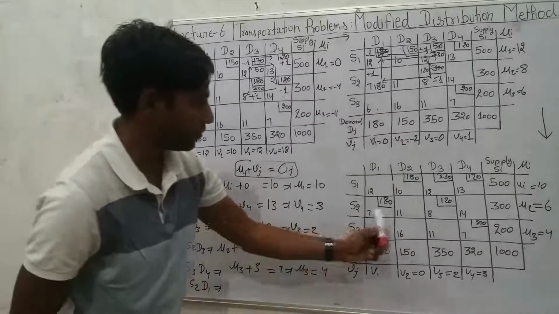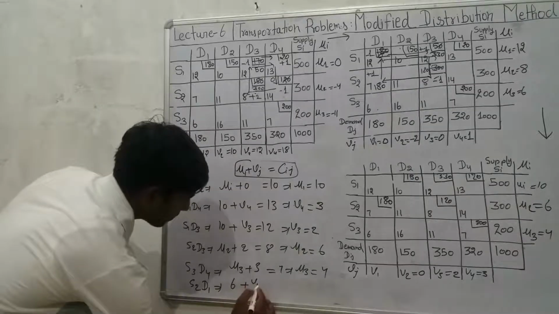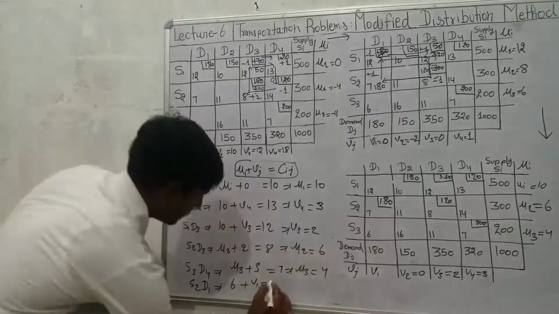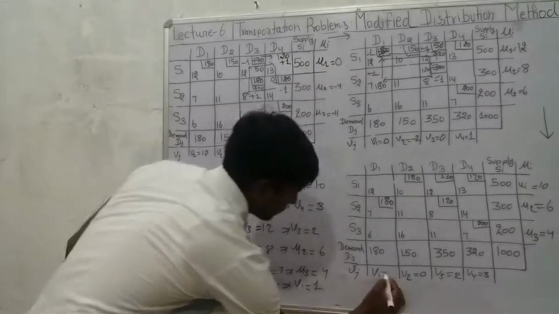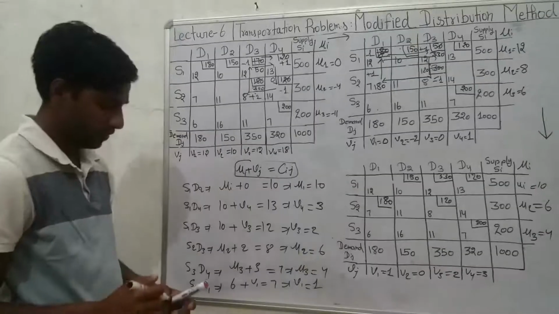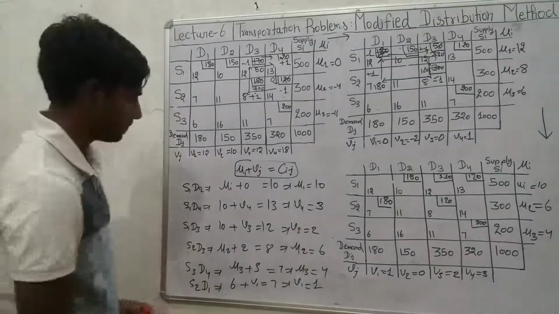What is the value of U for this particular cell? 6, plus V1 is equal to cost per unit 7. So V1 is equal to 7 minus 6, that is equal to 1. So in this way we obtained the values for all the index variables.